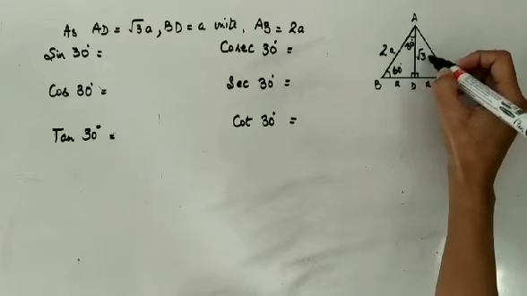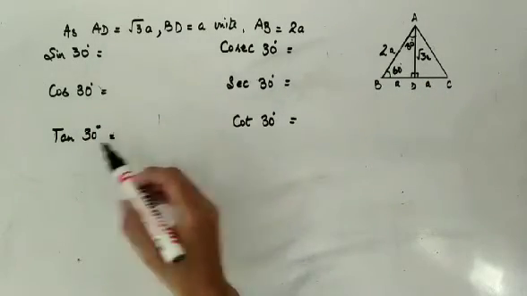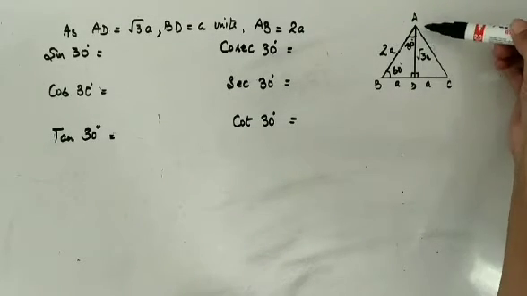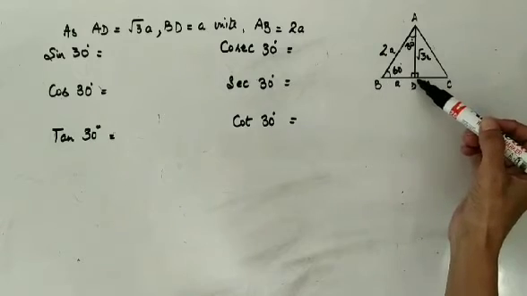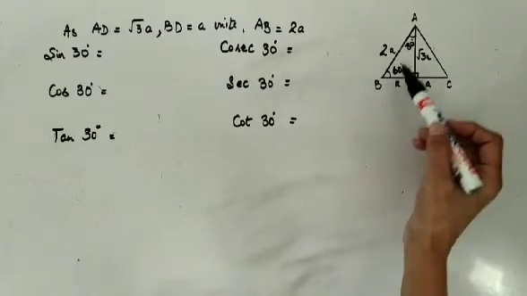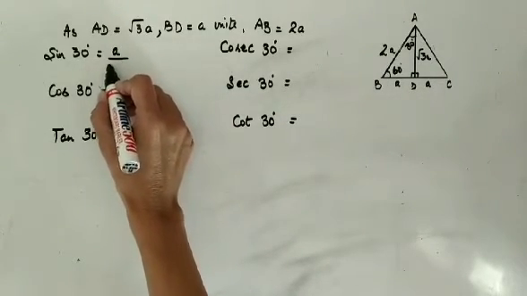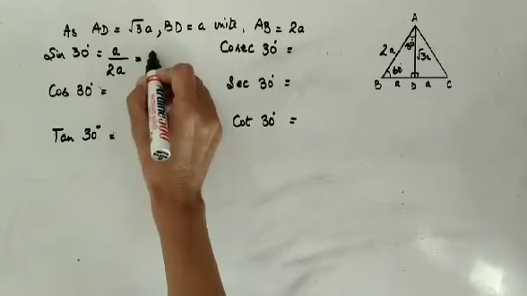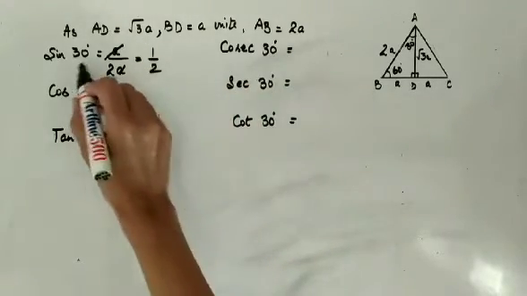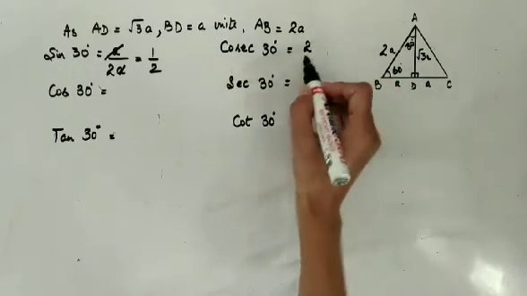Let's write it here. Now for writing sine 30, cos 30, tan 30, since angle 30 is here, AD would be base, BD would be perpendicular. Sine 30 will be BD upon AB. So BD, which is A units, upon AB, which is 2A units, cancelling this is 1 by 2. So if sine 30 is 1 by 2, cosec 30 would be 2 by 1, or just 2 can be written.